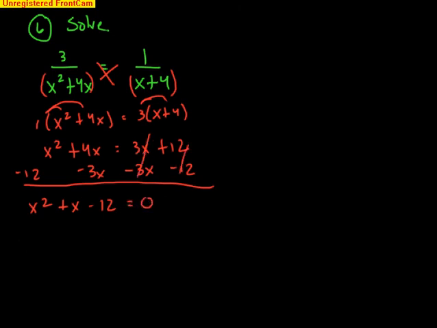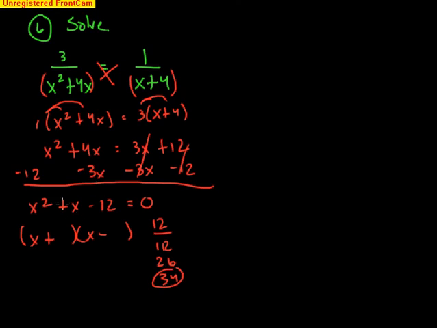This side becomes 0. And now we need to factor. Well, 2 sets of parentheses. My signs are different because of the minus c, so we got plus and minus. X and x are our front terms, and now we need to find the factors of 12. So we look at the factors of 12, and we see that we have 1 and 12, 2 and 6, 3 and 4.